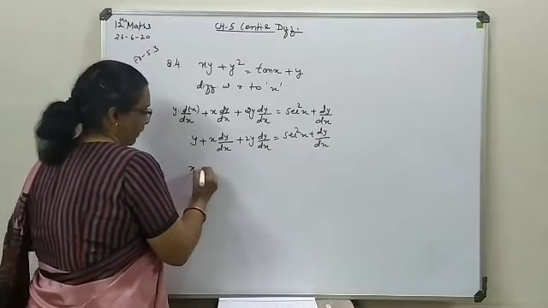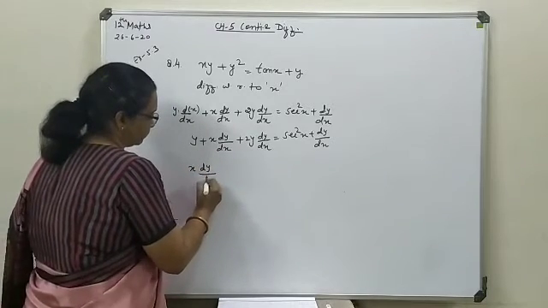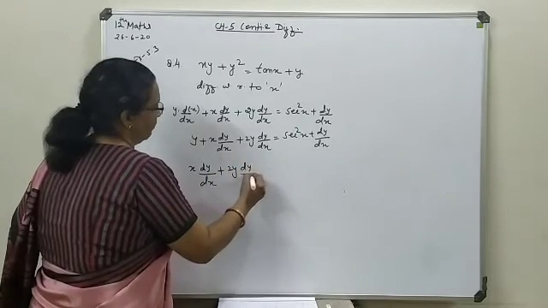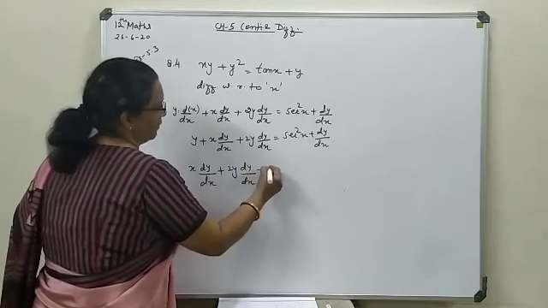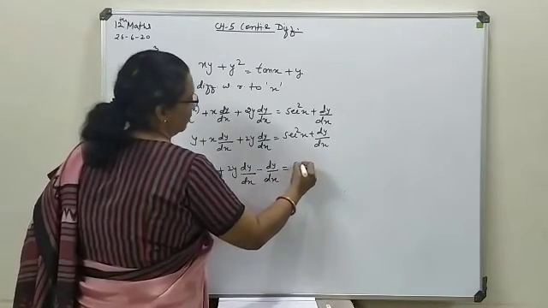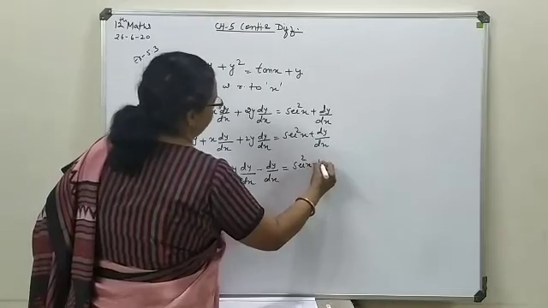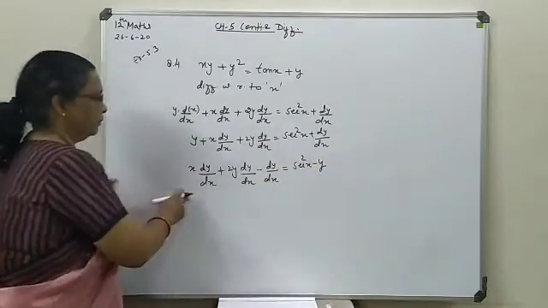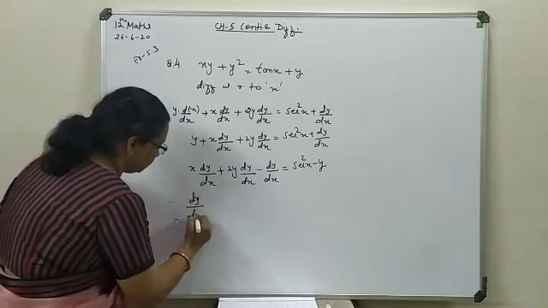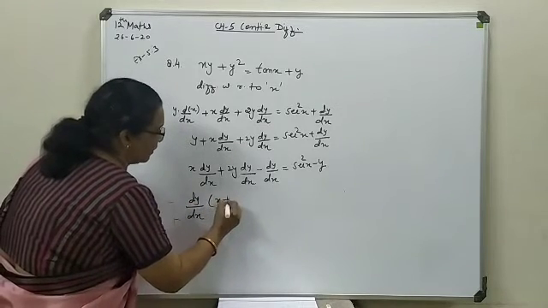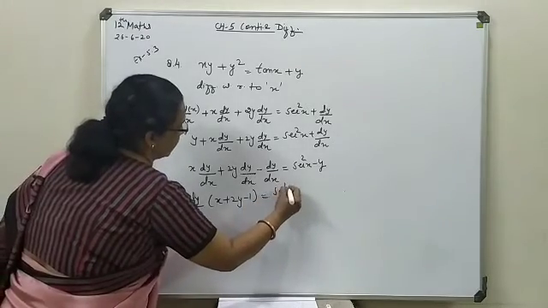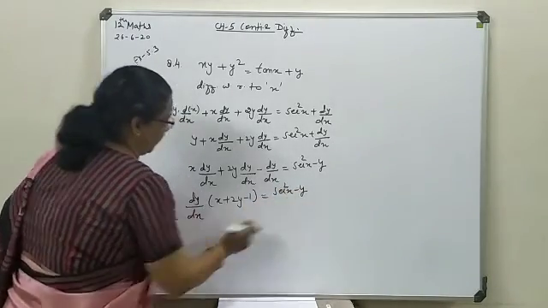So here it will be x dy by dx plus 2y dy by dx minus dy by dx, that will be sec square x minus y. Now from these three, dy by dx we can take common. x plus 2y minus 1, that will be sec square x minus y.